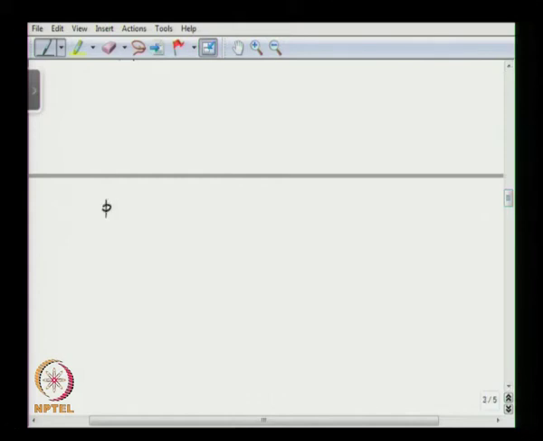So phi of r, okay, is going to be minus E0 r cos theta plus epsilon 2 minus epsilon 1 divided by epsilon 2 plus 2 epsilon 1, into a cubed E0 cos theta over r squared.